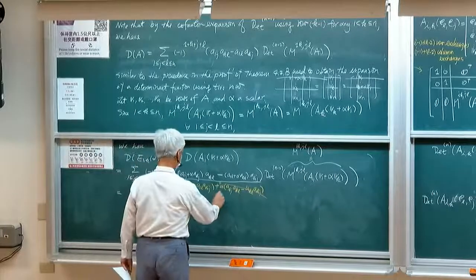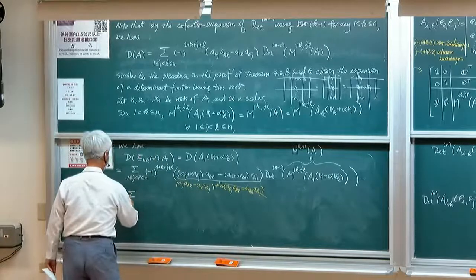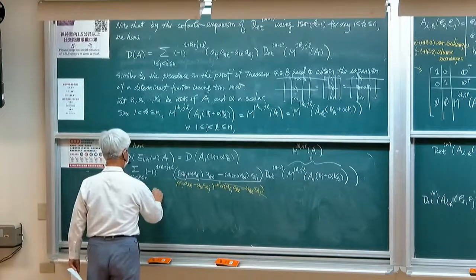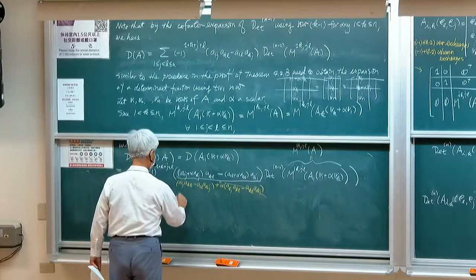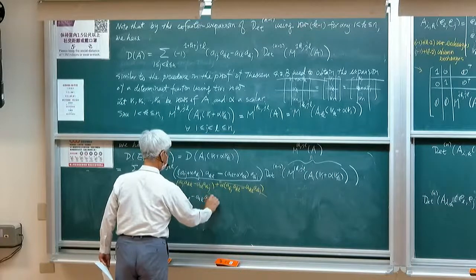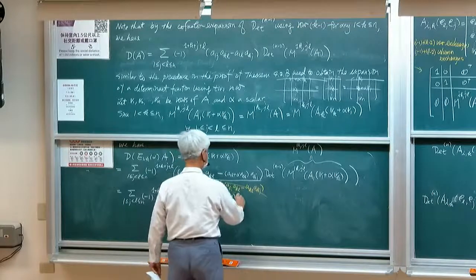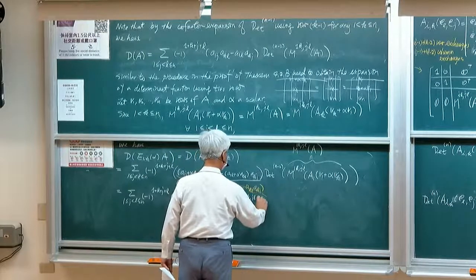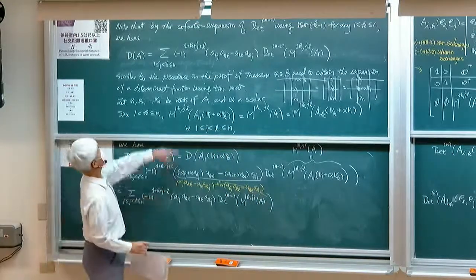So this is equal to the summation of (-1) to the power 1 plus K plus J plus L, and here we have A1J AKL minus A1L AKJ, and here is the determinant of M minus 2 of M1K JL of A. Okay, and this is exactly the same as that.